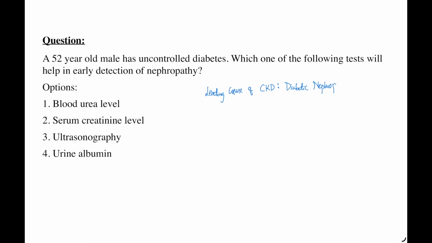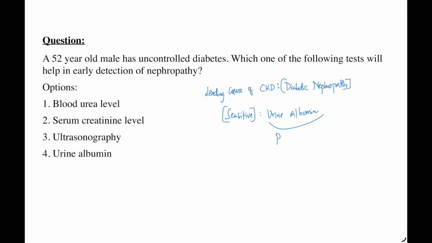For that reason we have to screen diabetics. In any diabetic we have to screen for diabetic nephropathy, that is the kidney getting affected. So what is a sensitive marker? Usually if you see any diabetic in your clinic, advise a urine albumin test.